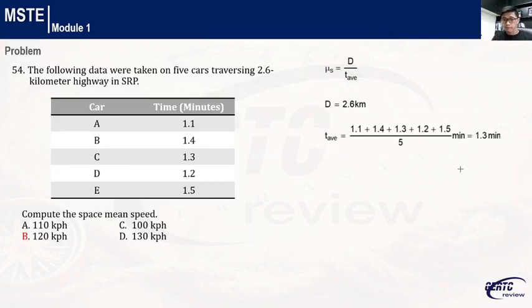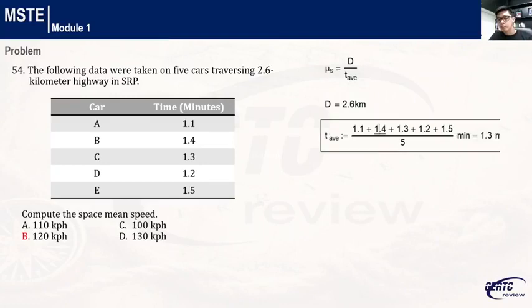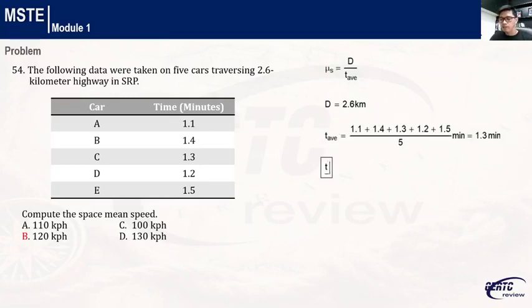But we want to calculate the space mean speed in kilometers per hour. So the time average in hour is equivalent to, convert lang natin into hour. So ano yung conversion factor natin? What will be the conversion factor? Okay, kayo na lang dyan, no? 1 hour is equivalent to 60 minutes. Okay, kayo na lang siguro mag-convert dyan.